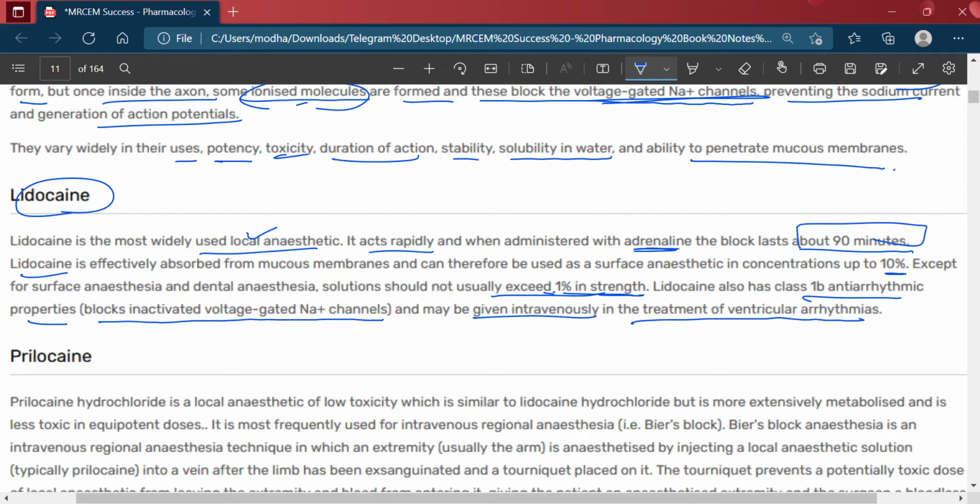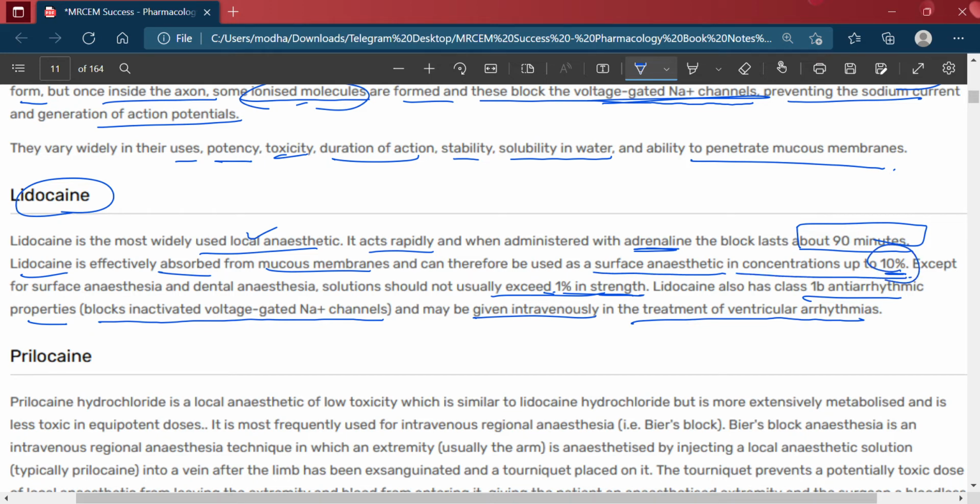So, lidocaine is the most widely used local anesthetic. It acts rapidly, and when administered with adrenaline, the block lasts about 90 minutes. Lidocaine is effectively absorbed from the mucous membrane and can be used as a surface anesthetic in a concentration up to 10%.